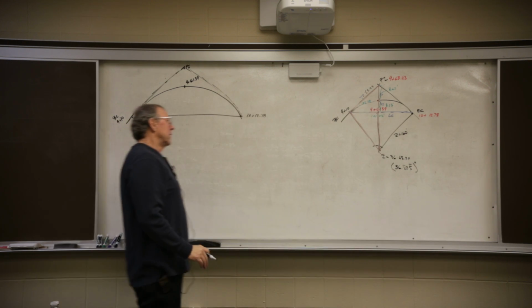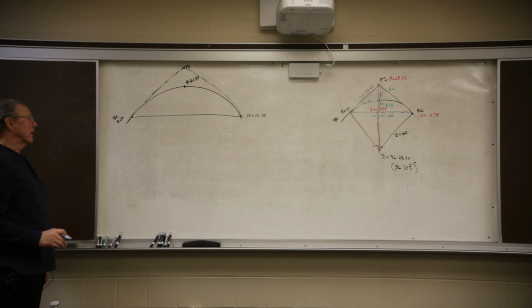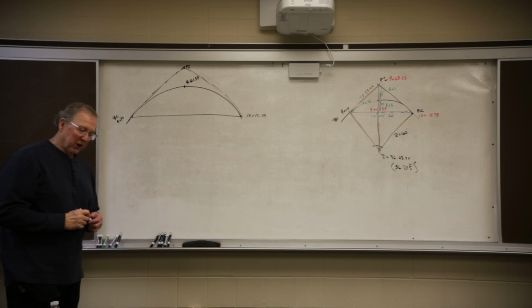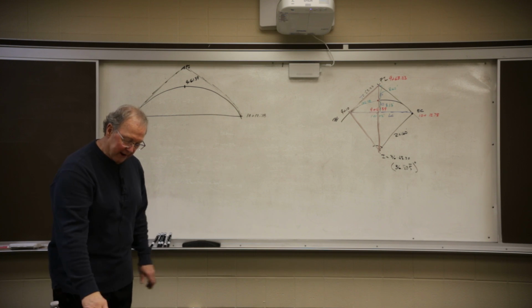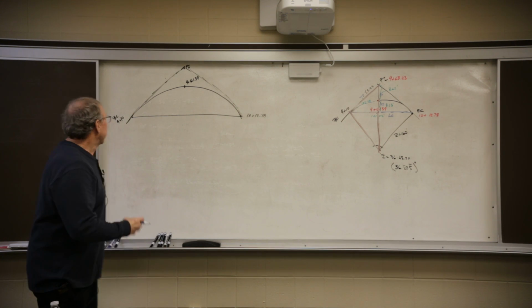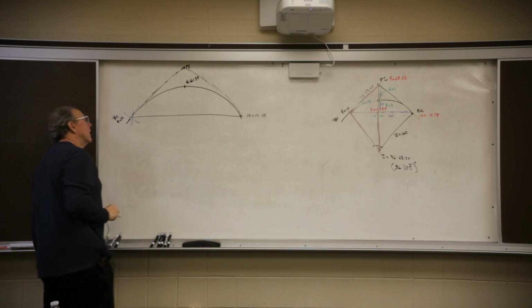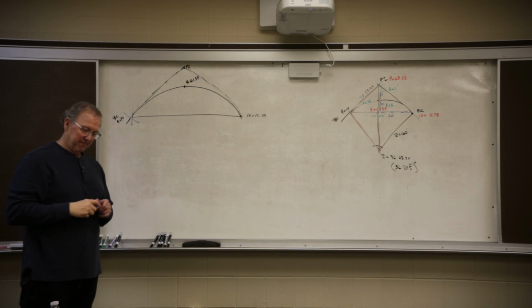Okay, now there's some things we've got to get straight before we get going. Number one, let me tell you what we're going to do, and then hopefully I can explain how we do it. You're going to set your instrument right over here, set up over the beginning of the curve.